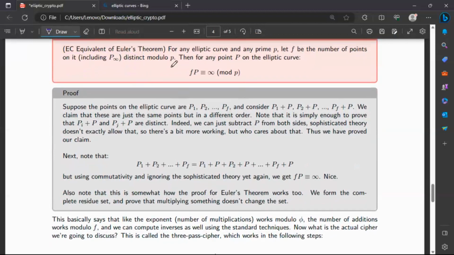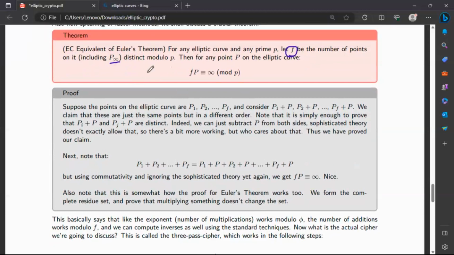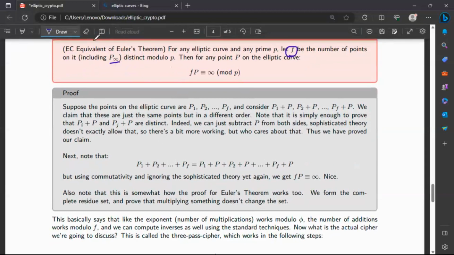So what is this? For any elliptic curve and any prime p, suppose that f is the number of points on the elliptic curve, including P infinity. Note that f is actually finite. So f is the number of points on the elliptic curve, including P infinity, and they are distinct modulo p.